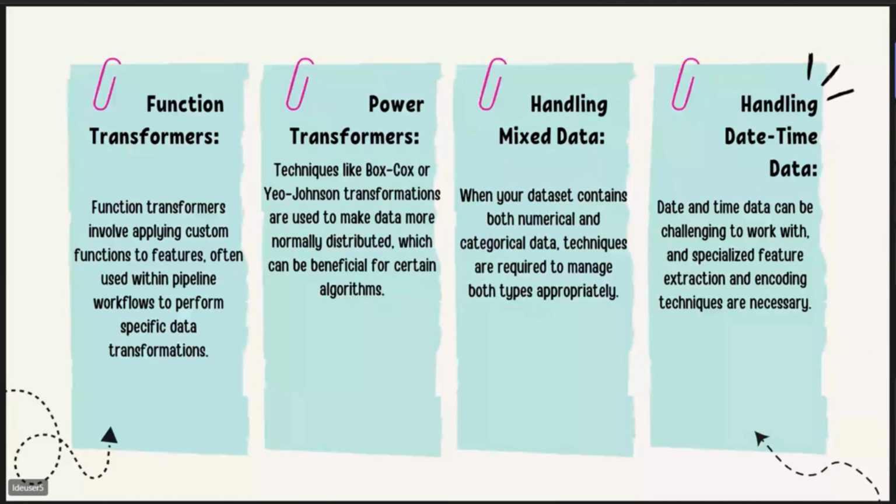And you will also make use of function transformers. Function transformers are nothing but applying a particular function to a feature and modifying the value. Like for example, there is a particular column called bill amount.